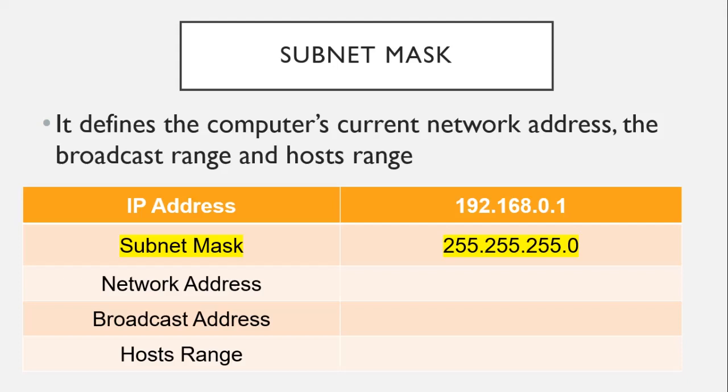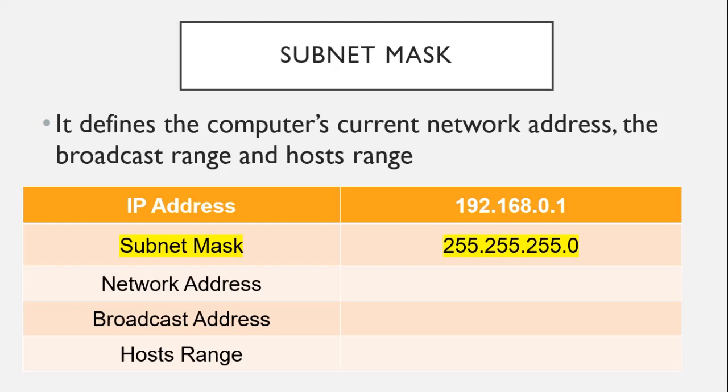First, again, when the subnet mask digit corresponding to an IP address digit is 255, that means you copy the IP address number.